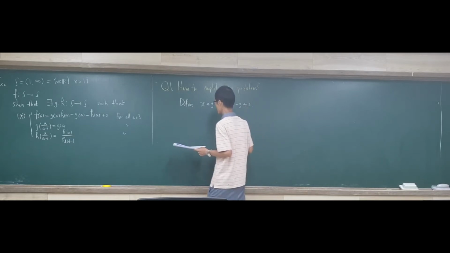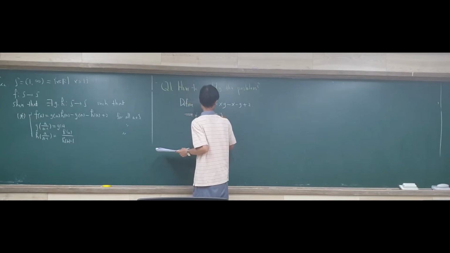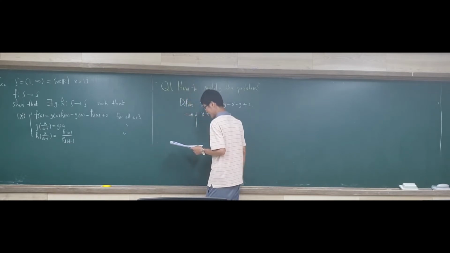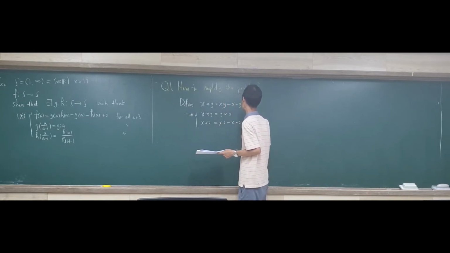And then we can easily see that x star y is equal to y star x, and also we can see that x star 2 becomes x multiplied by 2 minus x minus 2 plus 2.